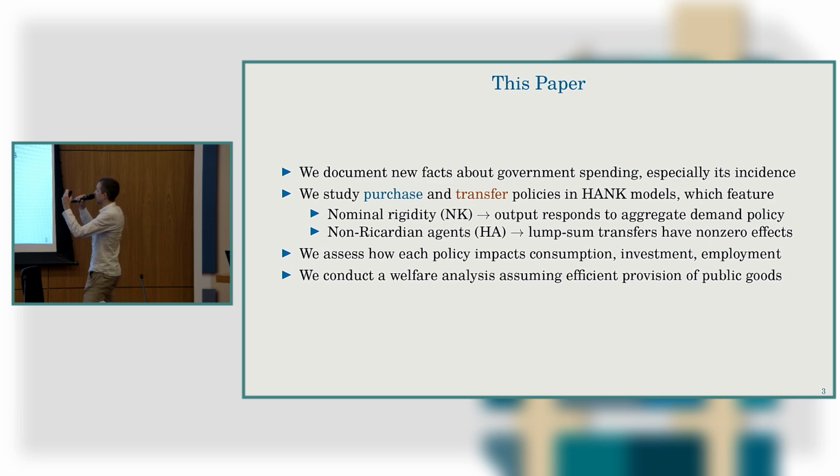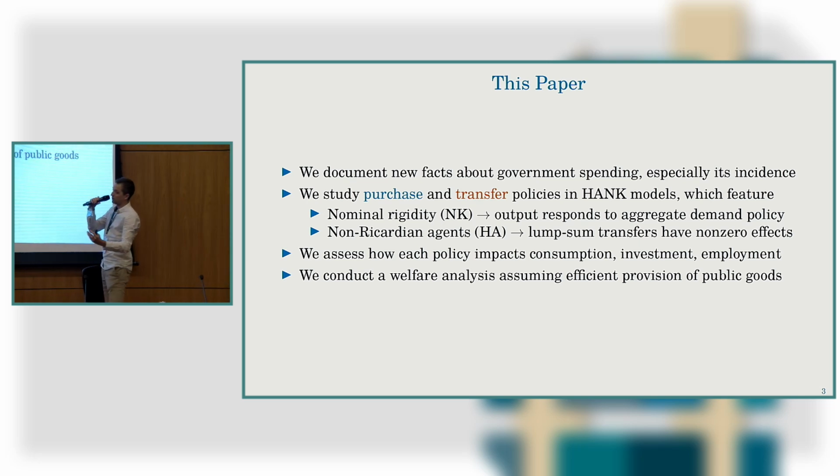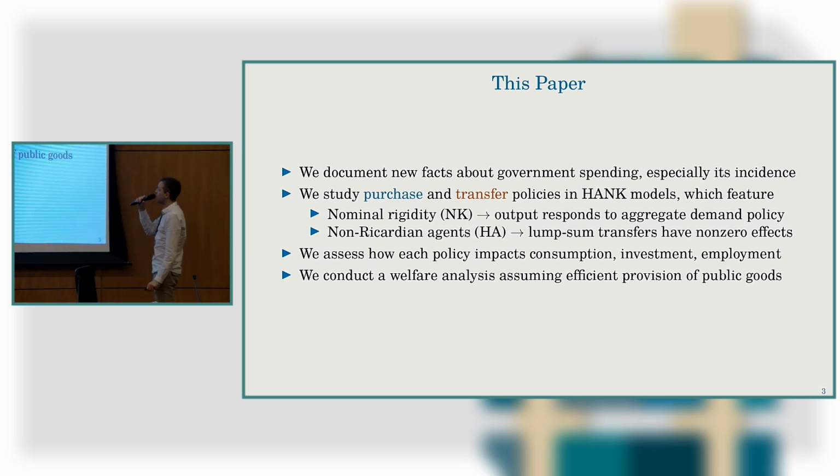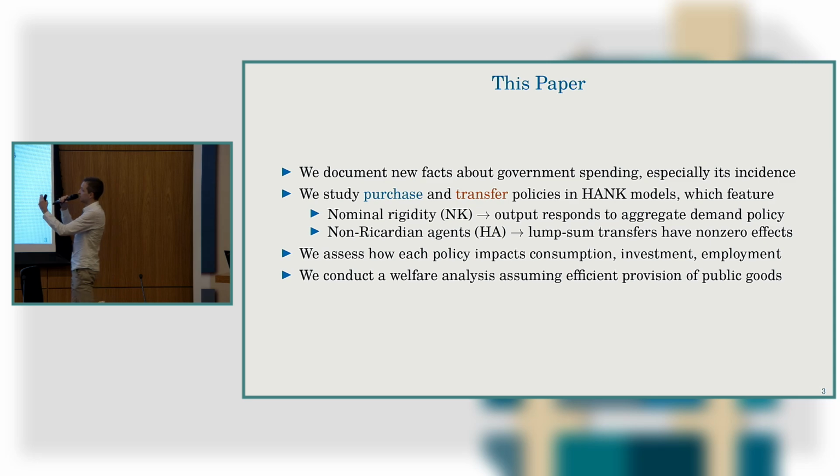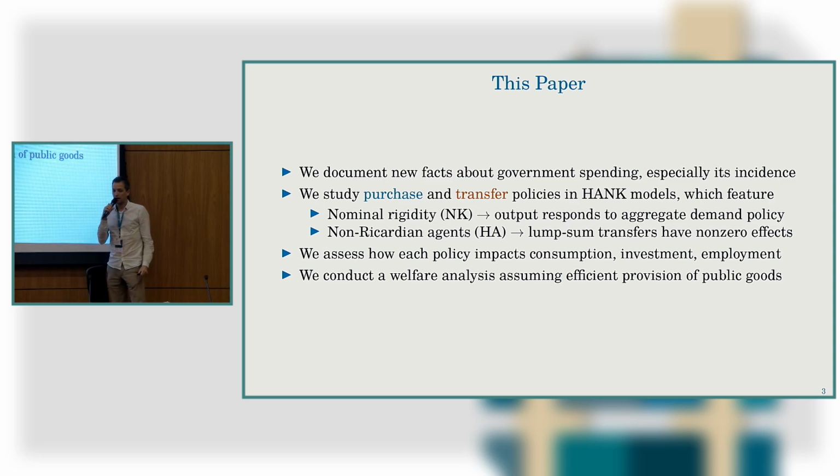And then we study purchase and transfer policies in a HANK model. So why a HANK model? Well, first you have nominal rigidity, the New Keynesian part, that allows you to have a role for aggregate demand policy. So if you increase G or transfers, because prices don't fully adjust, there's going to be an increase in output.